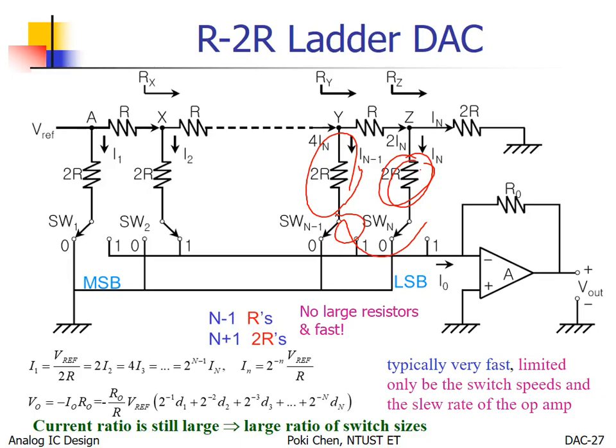The more importance, the more weight, means proportionally more area. If I am 10 times more important than you, if my weight is 10 times more than you, then I need to allocate 10 times more area.